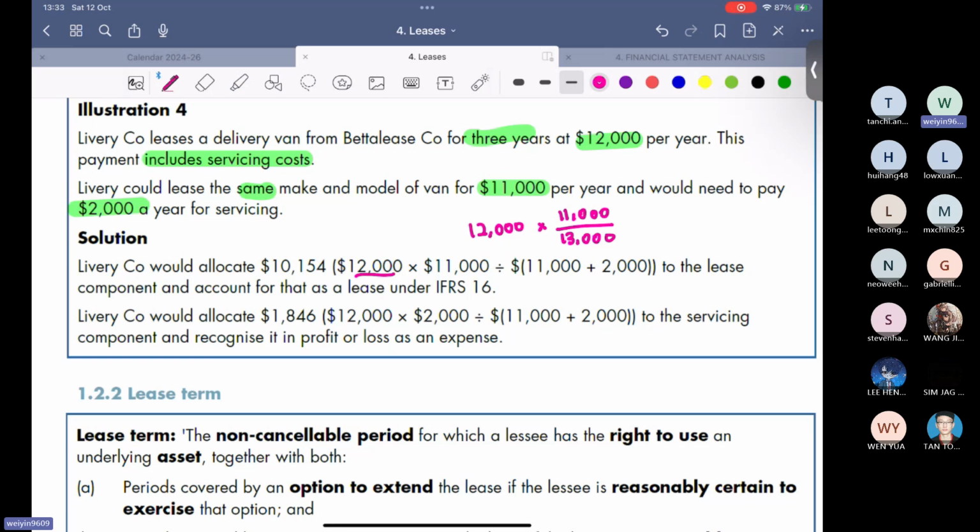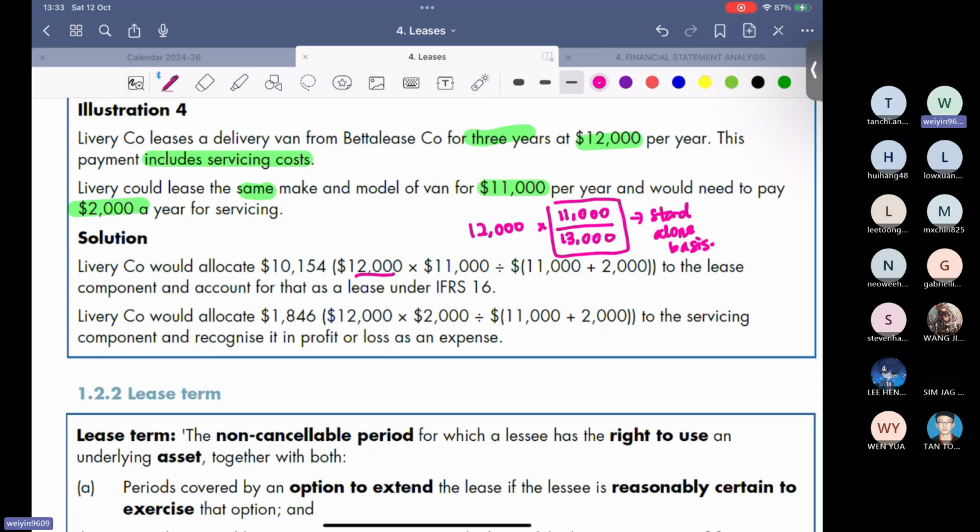Because the 11,000 represents if I go for the car only, and 13,000 is car plus service. So this item comes from the standalone basis.